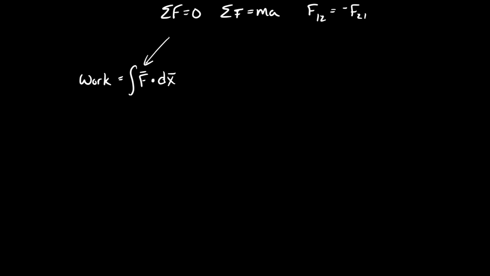So the method by which you change something's energy is through force. And we had, as you probably remember, different ways of writing it, depending on how complicated the force and displacement arrangement was.